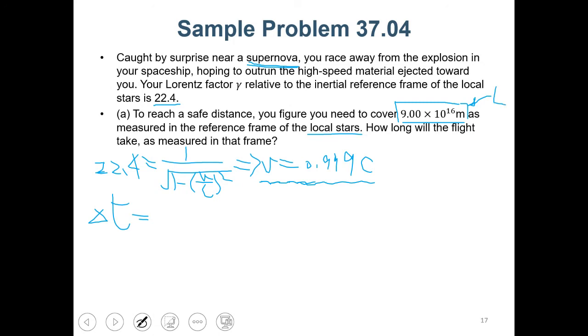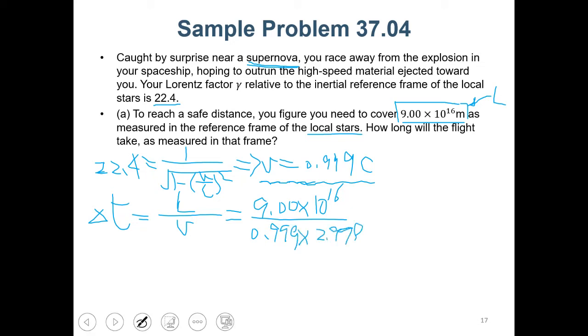So here we have L over V, which means 9.00 times 10 to 16 over 0.999 times 2.998 times 10 to 8, and this would be 3 times 10 to 8 seconds, and is 9.52 years.